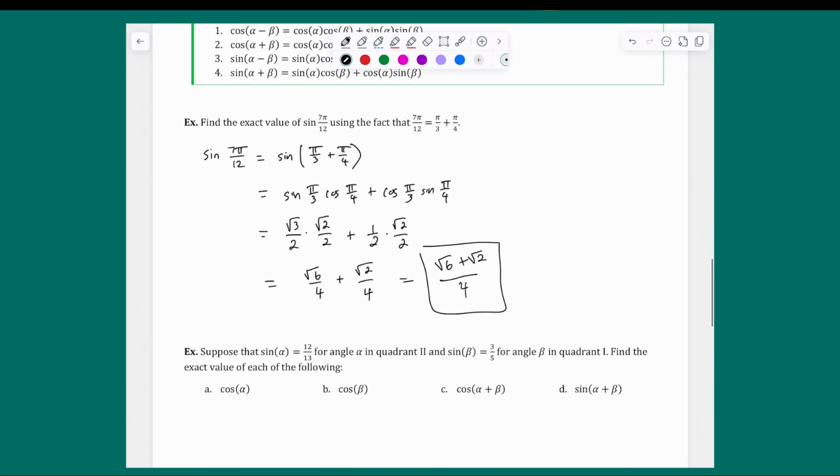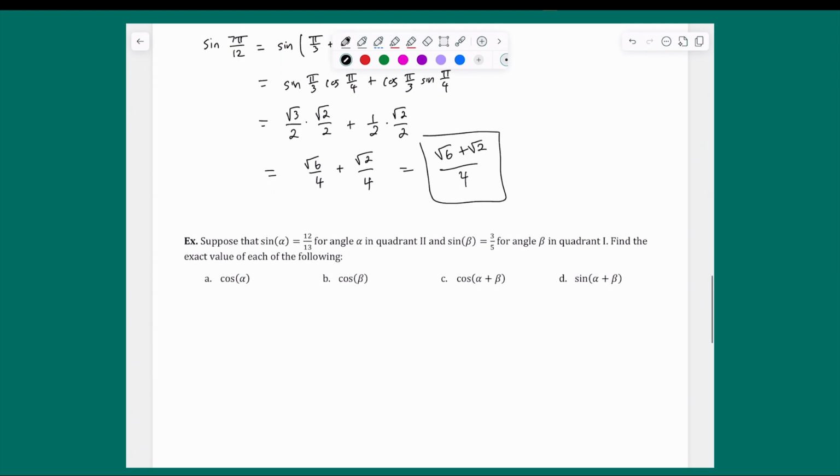Okay, let's look at the next example here. Suppose that sine of alpha equals 12 over 13 for an angle alpha in quadrant 2, and sine of beta equals 3/5 for angle beta in quadrant 1. Find the exact value of each of the following.